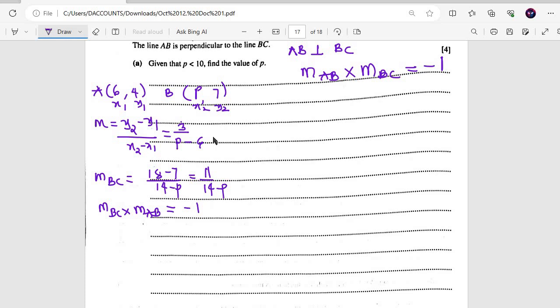So for AB, 3 over P minus 6, multiplied by 11 over 14 minus P, will give us -1.